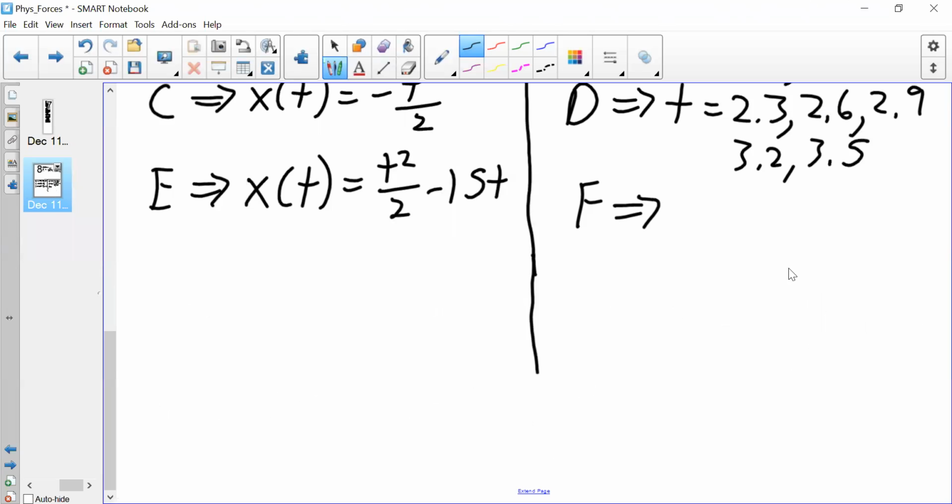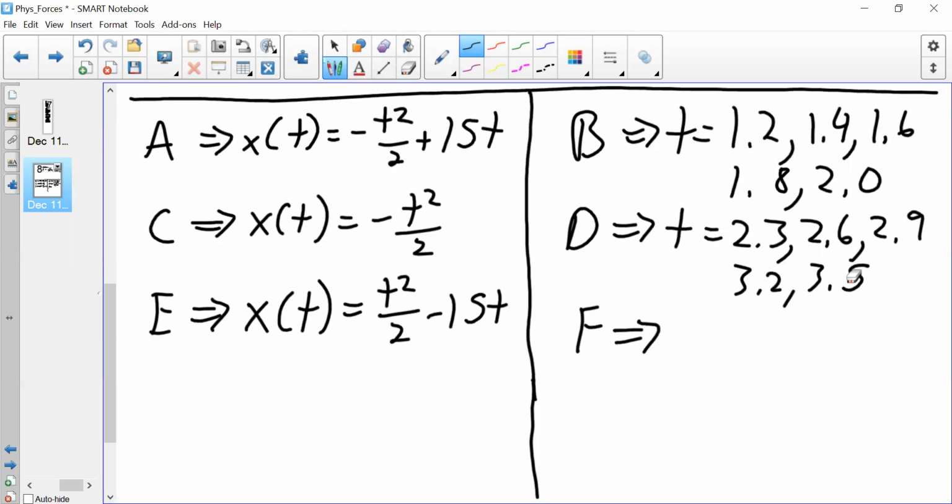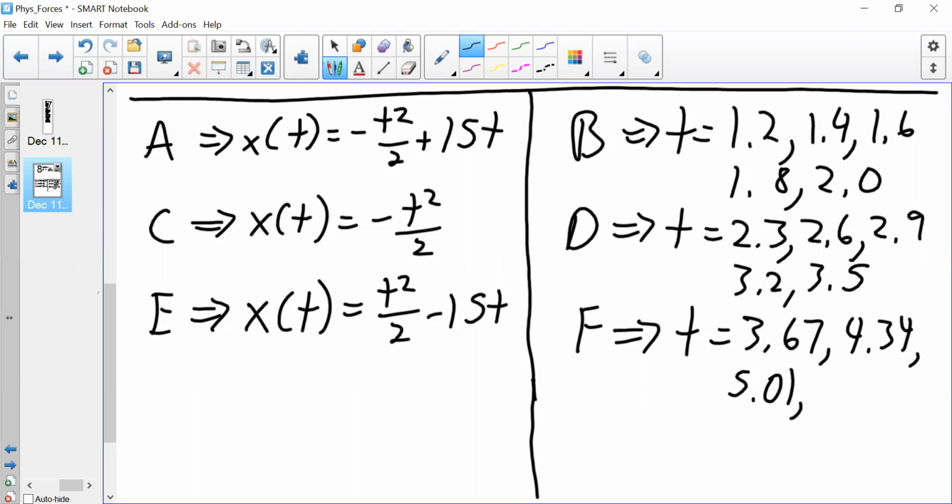The odd days, or Monday, Wednesday, Friday, is ACE, and the other days are BDF. So T is equal to, or F, 3.67, 4.34, 5.01, 5.68.